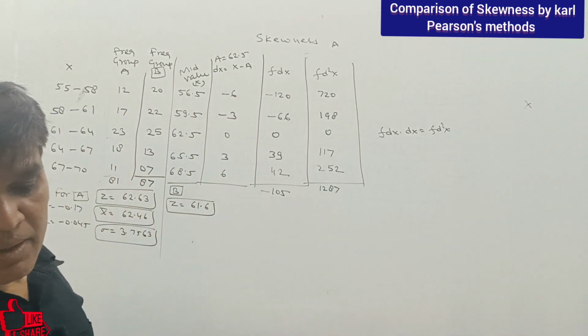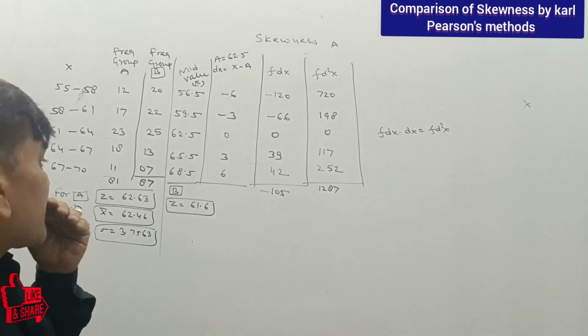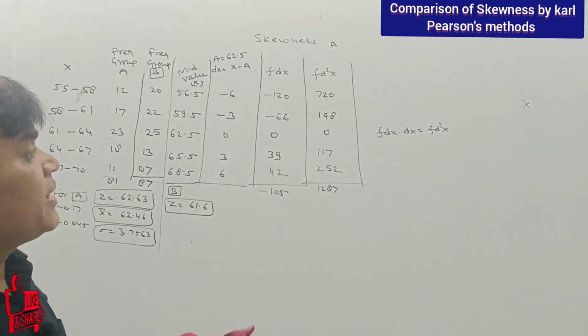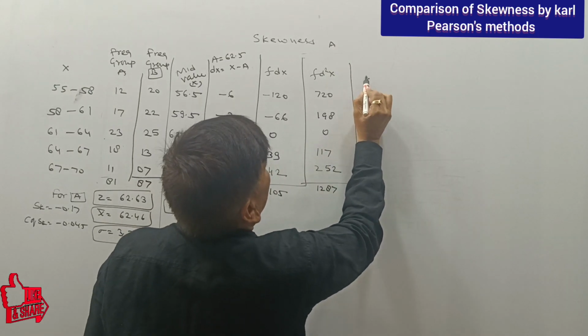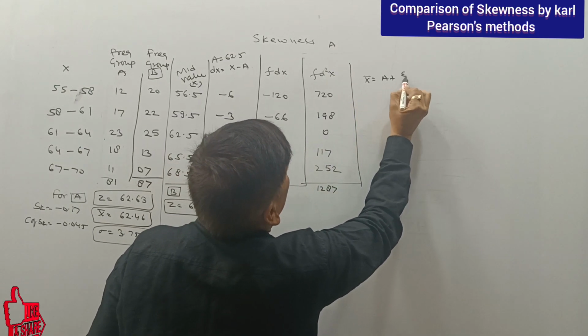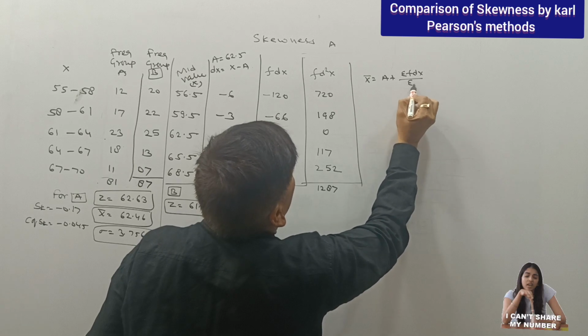Okay. So what we have to do? The very first we have calculated the value of z. Again, x bar is equal to assumed mean plus sigma fdx divided by sigma f.